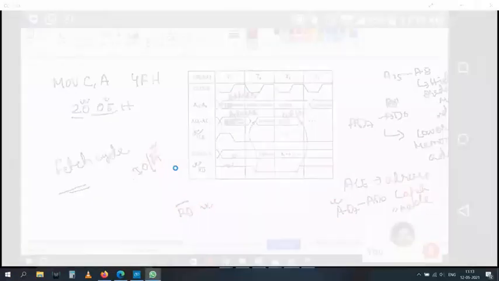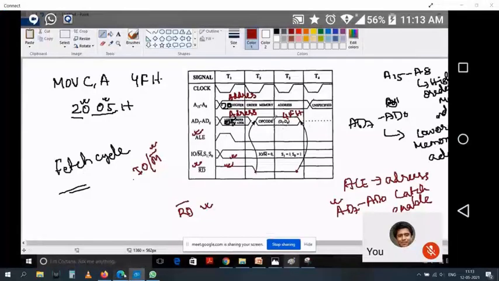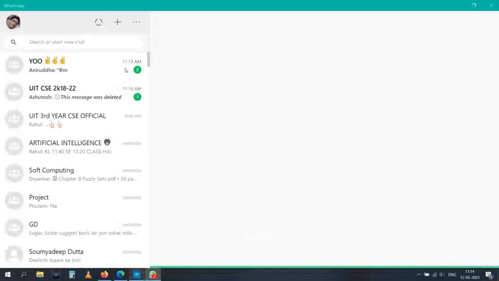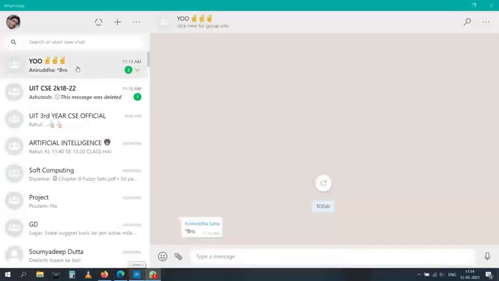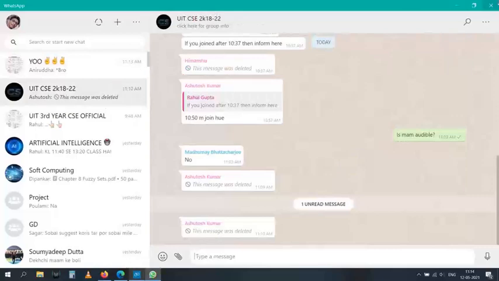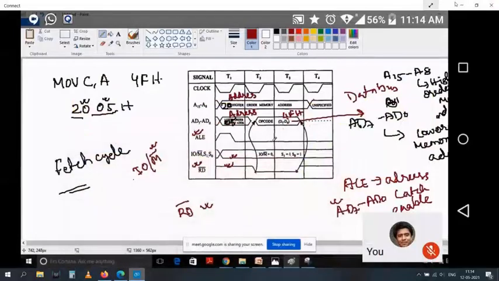Now it is used as a data bus. This part is now a data bus. How are we determining it is a data bus? See, this address latch enable has now gone low. Initially it was high, so it was used as an address bus. Then after it has identified the address, it has gone low.